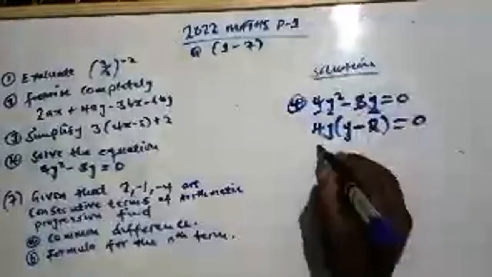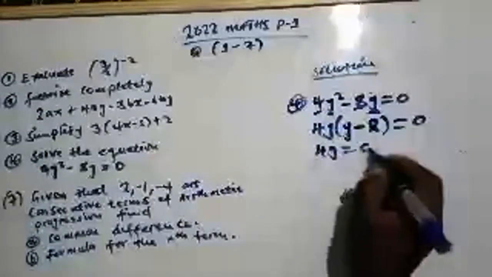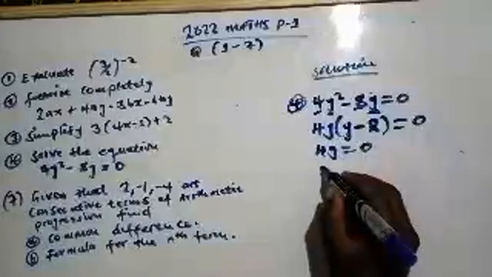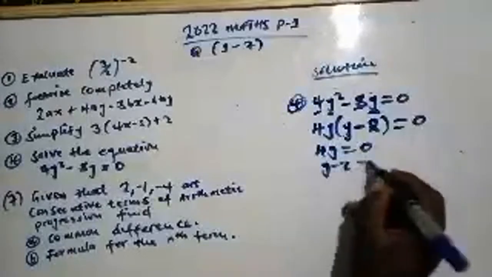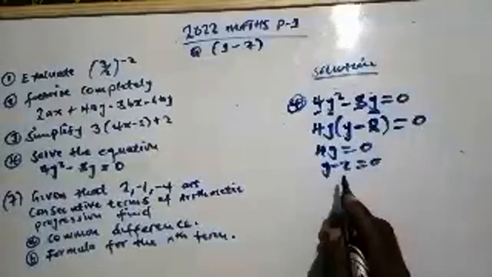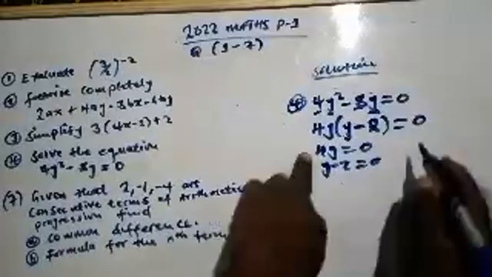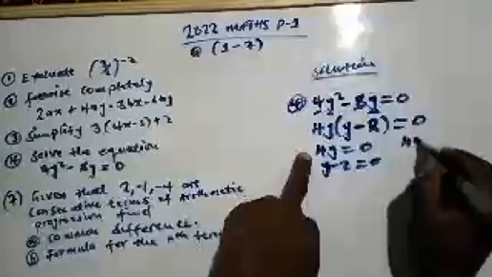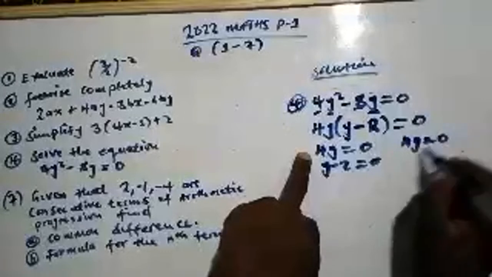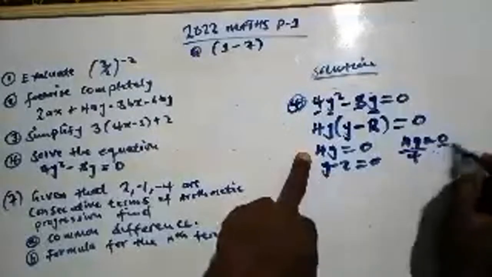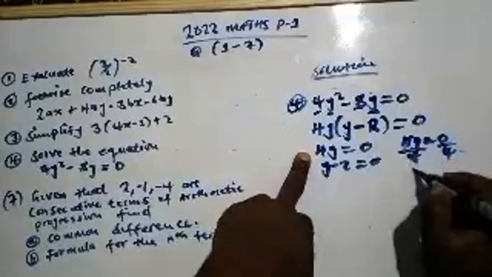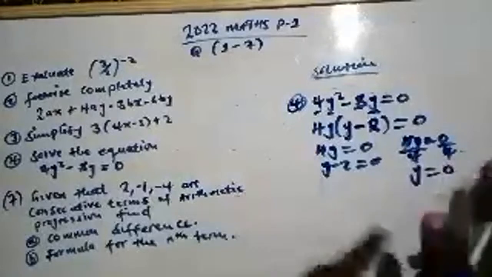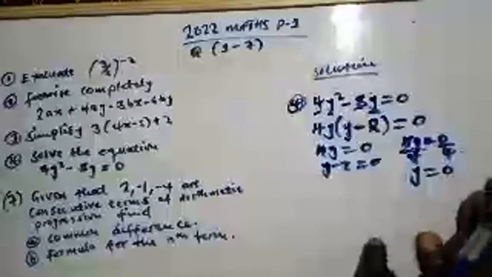So now, we have 4y equals to 0 and y minus 2 equals to 0, okay? And this equation 4y equals 0, it will be divided by 4 on both sides. So that means y to be 0. So we have found part of y.